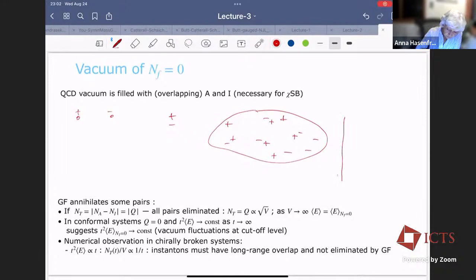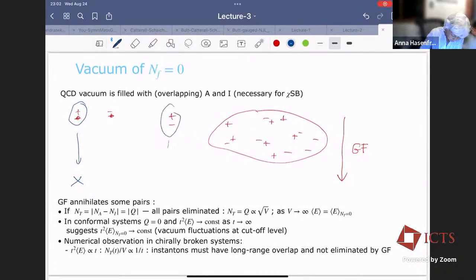What happens as we do gradient flow? Gradient flow is a smoothing transformation. It averages the nearby spins or fields together. If we average these two together, a plus, minus, minus, plus, they will go to nothing. They annihilate.